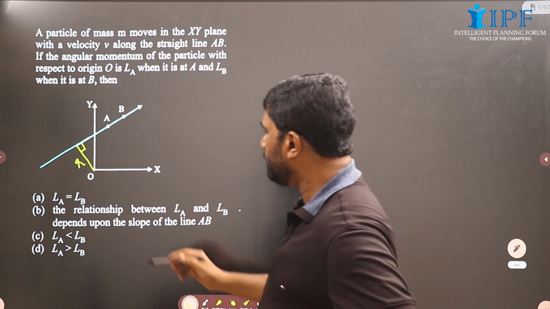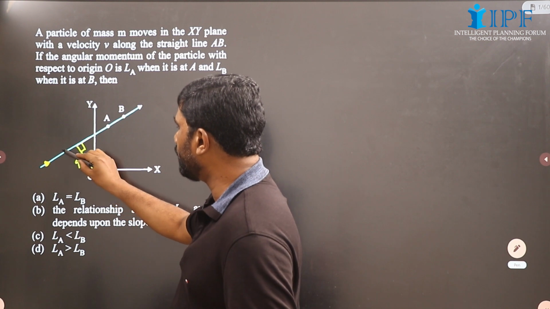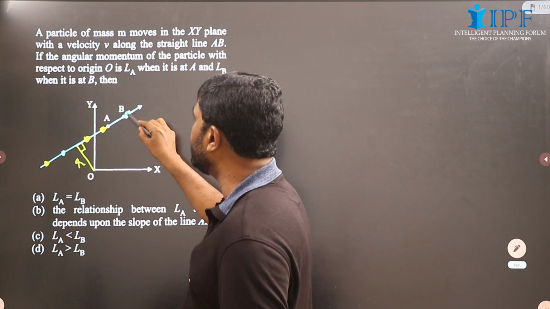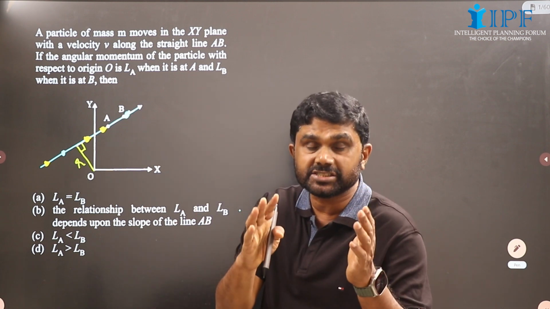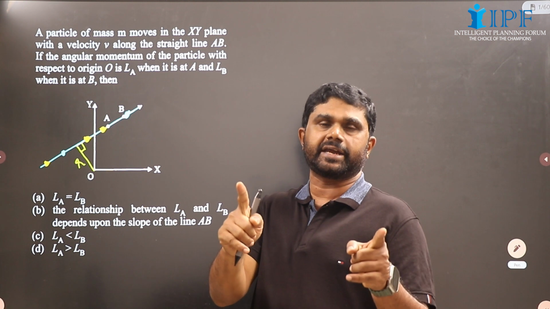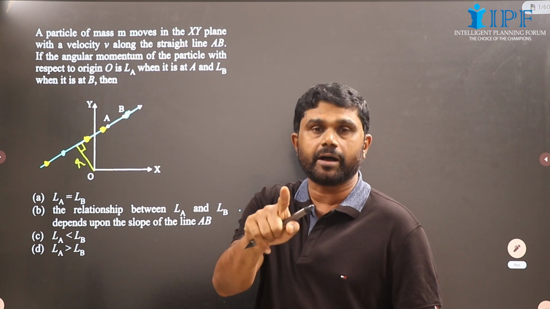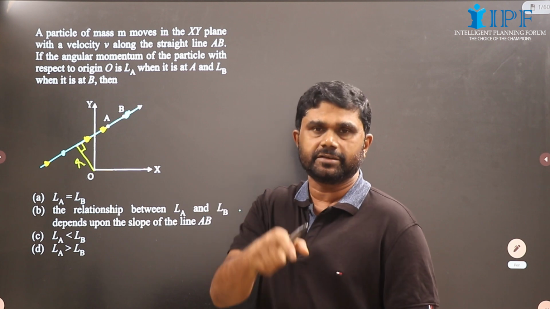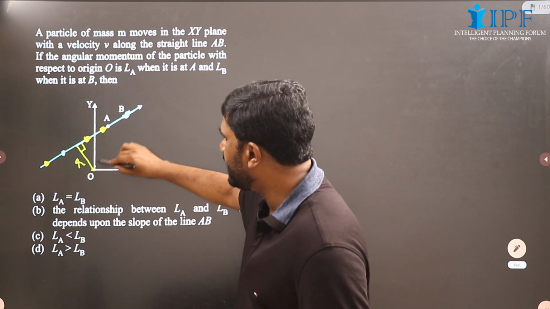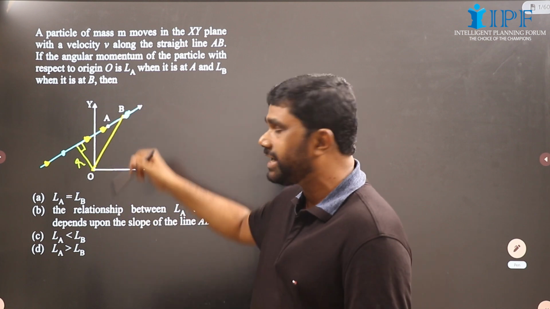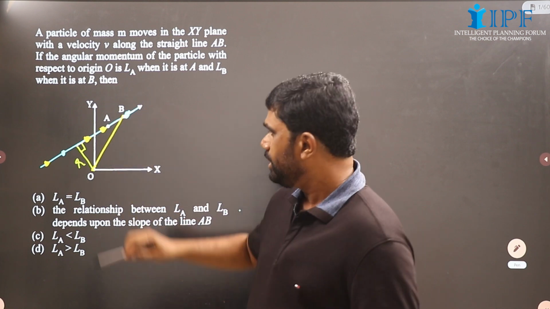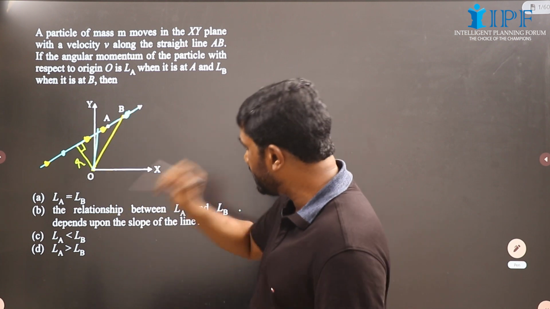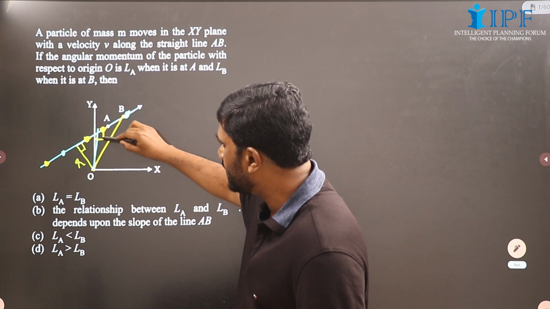So when the particle is here, or here, or here, as long as the particle is on that straight line, there is only one lever arm, only one perpendicular distance from the axis to that line. If you draw a line like this, the length of that line is not the perpendicular distance, because it does not meet at 90 degrees.